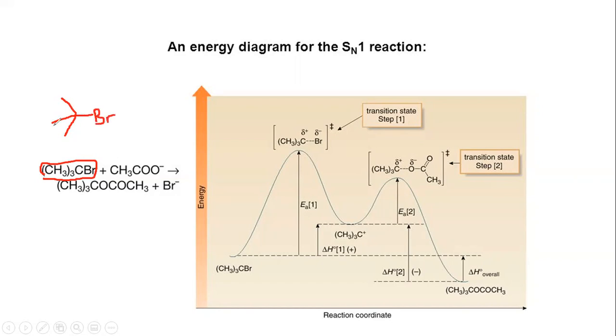So notice there are three sticks. We're going to use the anion acetate, which is our nucleophile. So it's electron rich. And so this is SN1. It's going to have two steps.